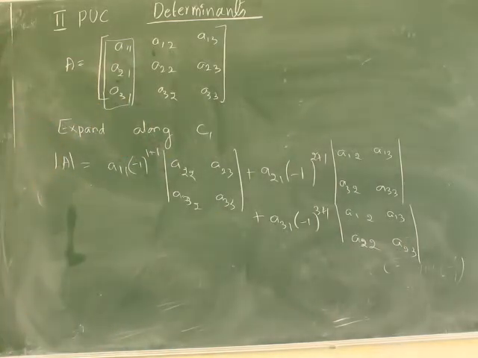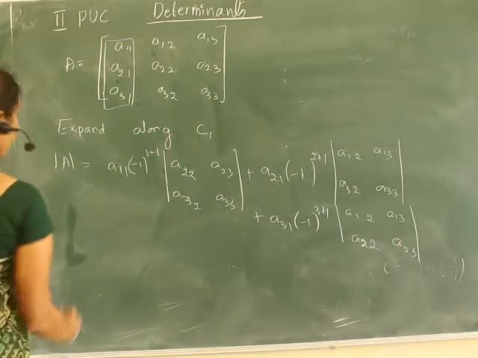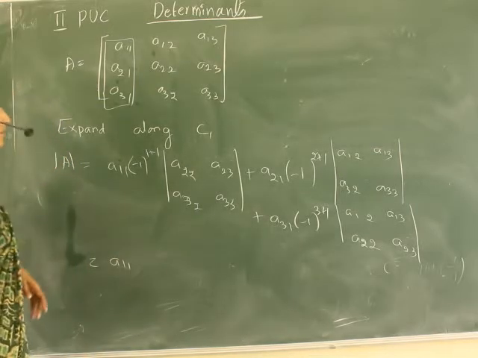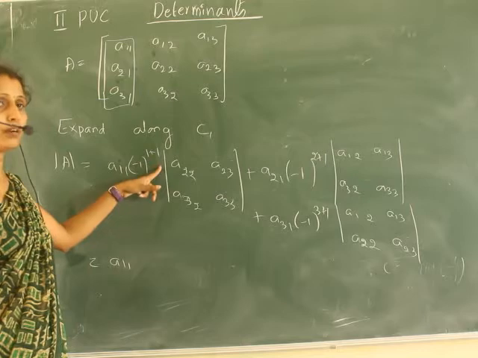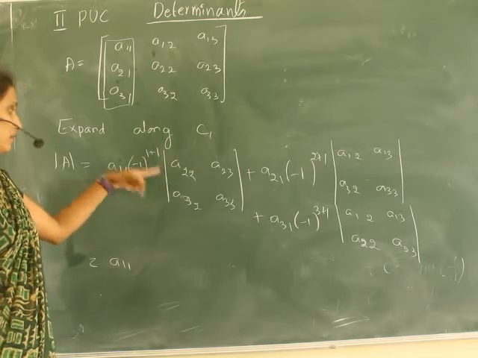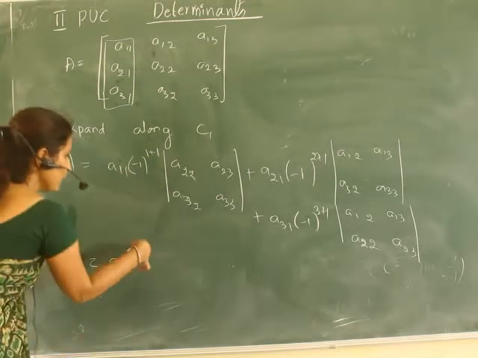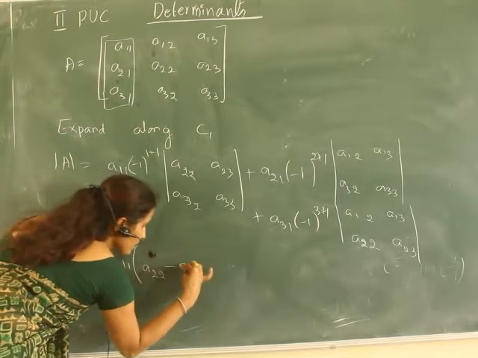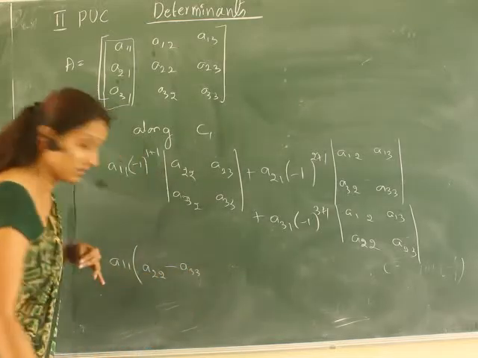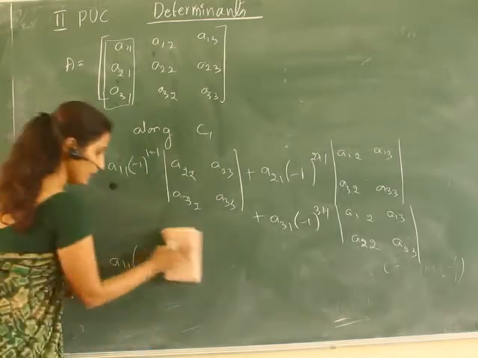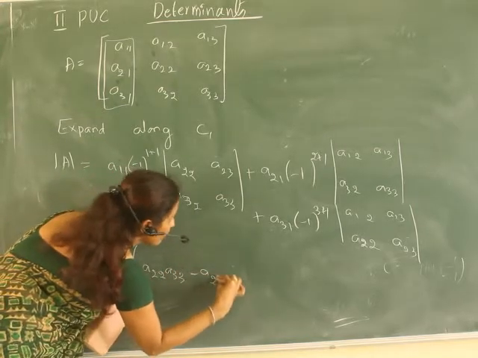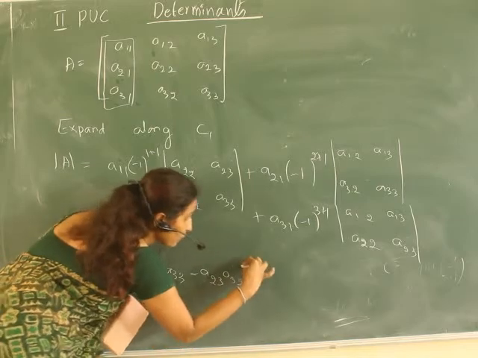Again we know how to find the determinant of a 2 by 2 matrix, therefore this is equal to A11. Now you can see minus 1 to the power 1 plus 1 is minus 1 to the power 2, that is always plus 1 itself, into A22 into A33 minus A23 into A32.